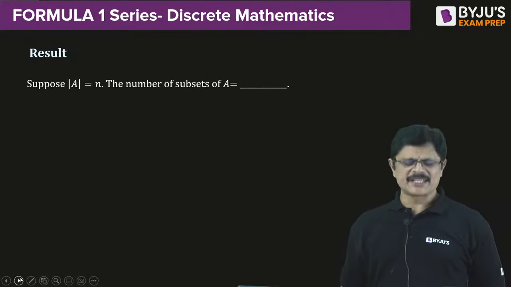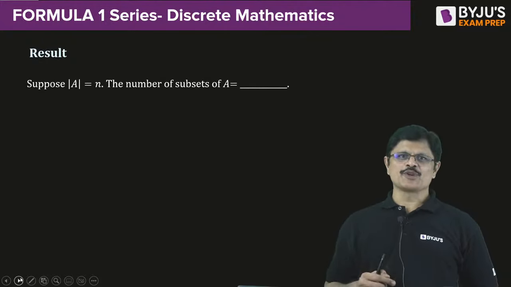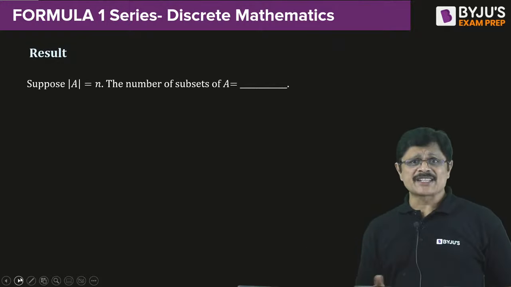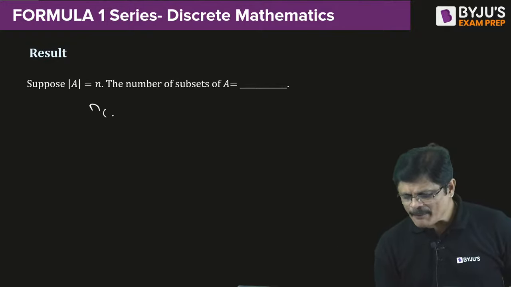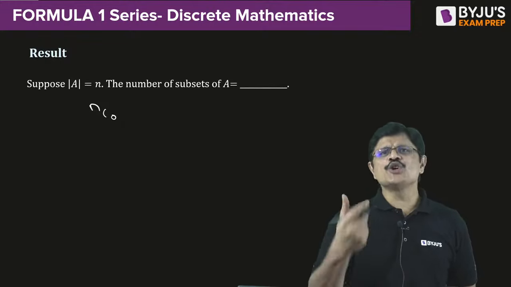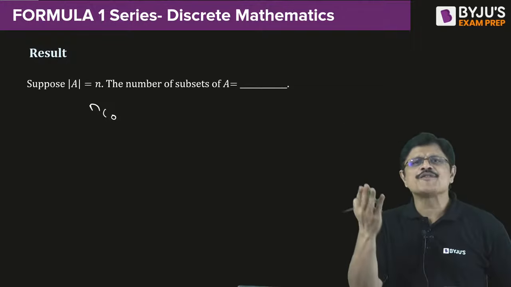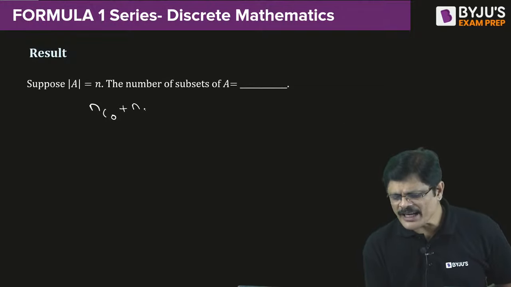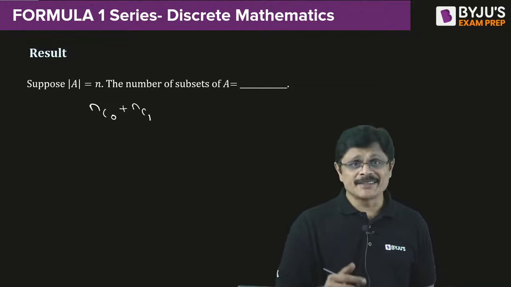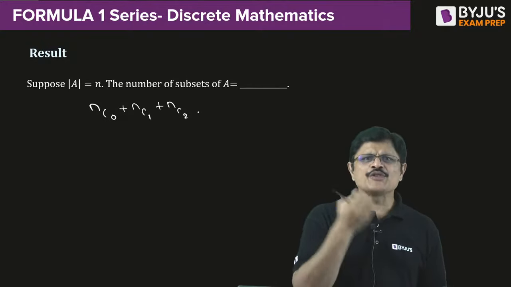Okay, number of subsets of A. People feel I am asking the same question. See, when I ask the number of subsets of A, you can calculate the number of 0-element subsets, which means from the set I need to select 0 elements. That is nC0. Number of 1-element subsets, nC1. Number of 2-element subsets, nC2, means I just need to select 2 elements.